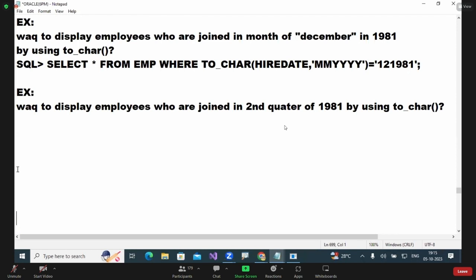Here you can do 2. So this is the quarter, this is the year.